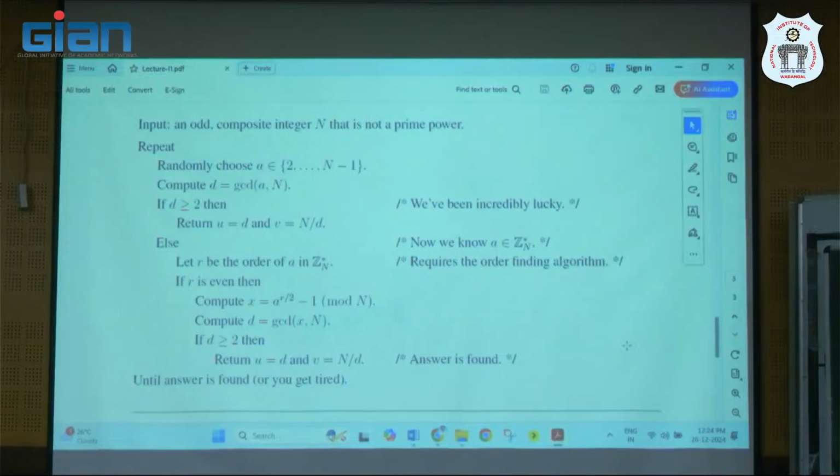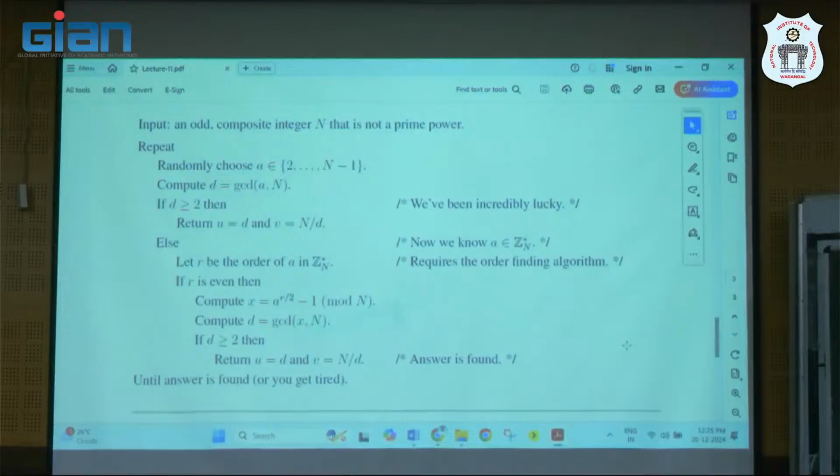We can compute the GCD using Euclid's algorithm. If the GCD D is greater than or equal to 2, then return D and n over D, because you have found a common factor between A and n, right?